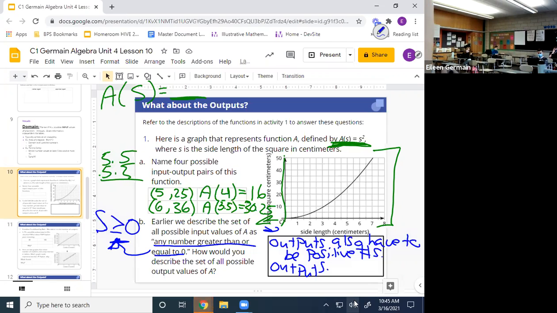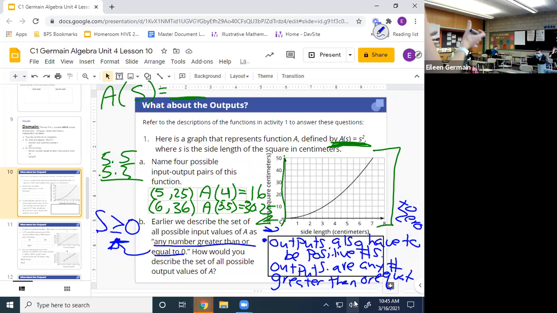If we write it in a more mathematical way, we're going to say our outputs are any number greater than or equal to 0. Yes, this is correct.